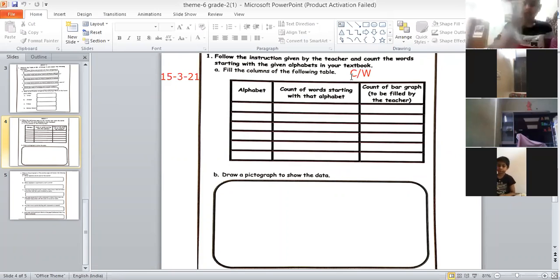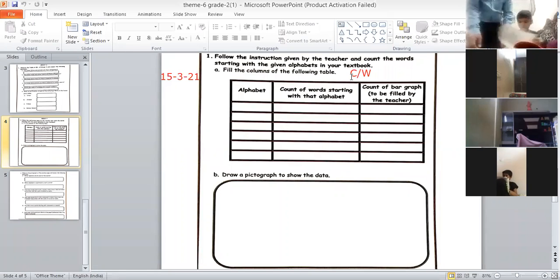I'll show you. This is page number 1. Please open this page. You can see this page. Kindly open this page.